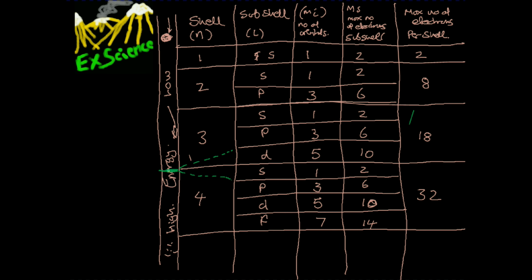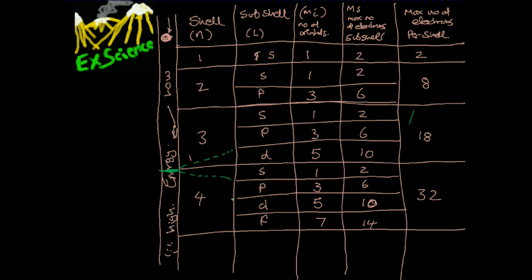Indeed, what we see in reality is that the 3D orbital is slightly higher than the 4S orbital in energy. So these actually flip over when we come to draw out electronic configurations.